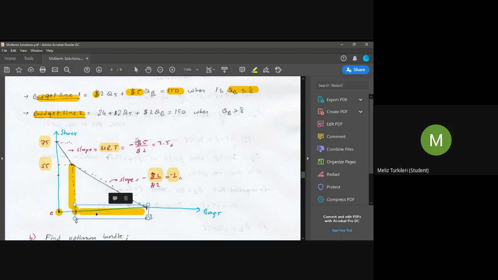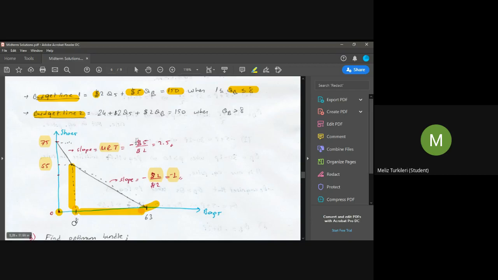Since this length is equal to 55, at which point does our budget line intersect with the x-axis? It should be 63. How can I find this? I know that this length is equal to 55 and this amount starts with 8.